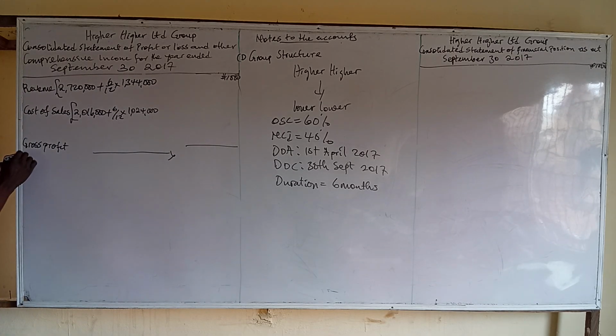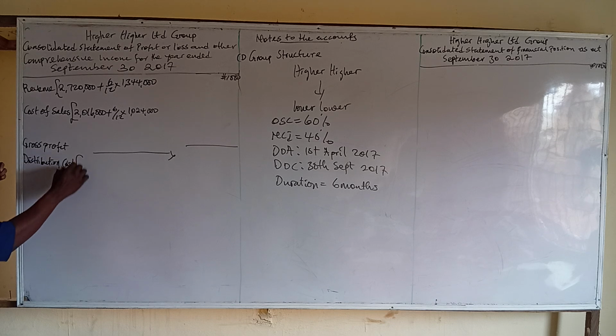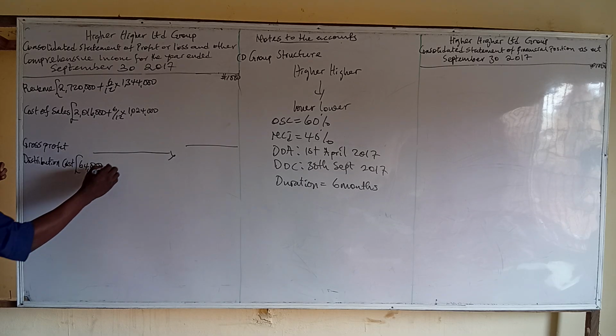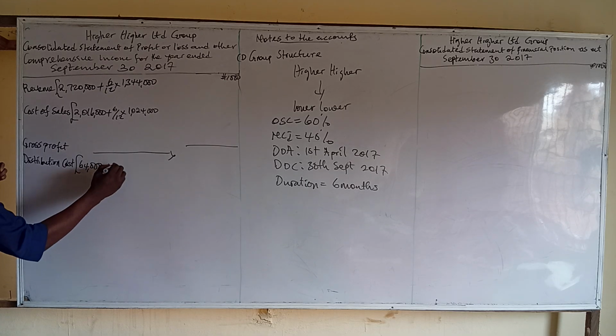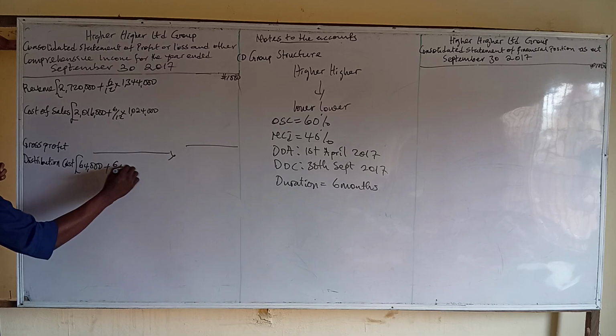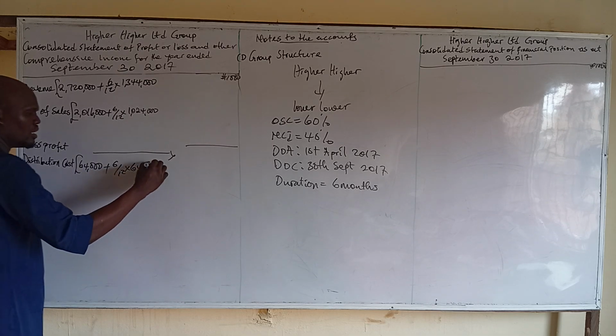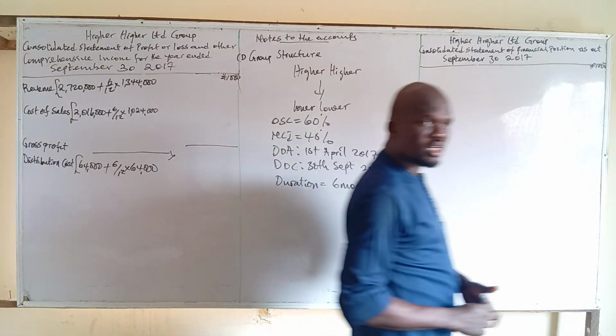So what's the next line? Distribution cost. What's the figure? 64,000 for the parent. For the subsidiary, 6 over 12 times 64,000. Right? Do you understand now? Yes, sir.